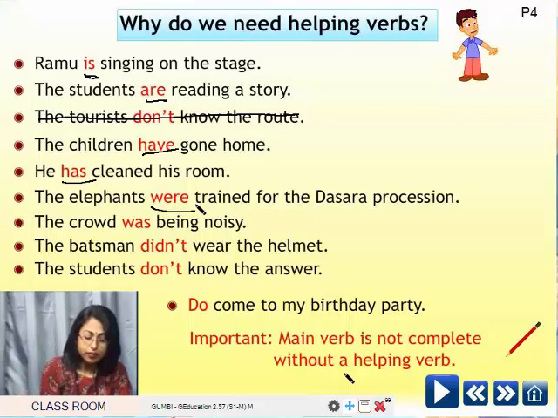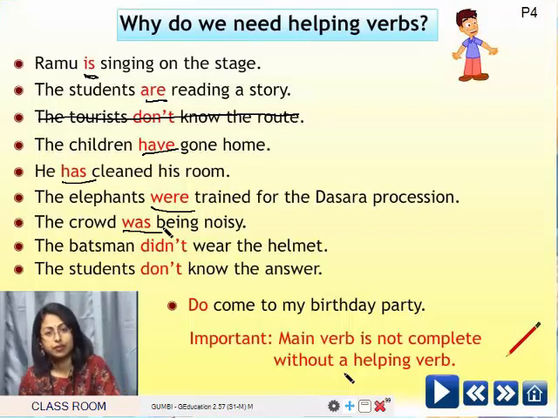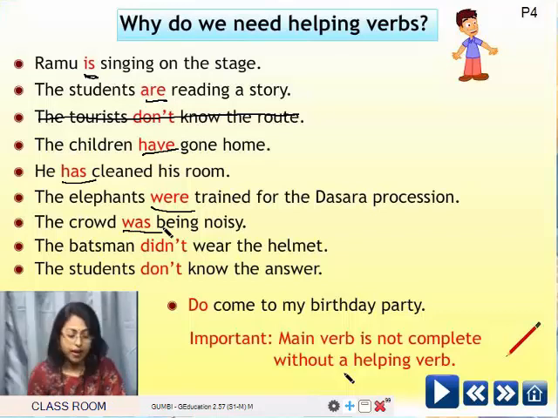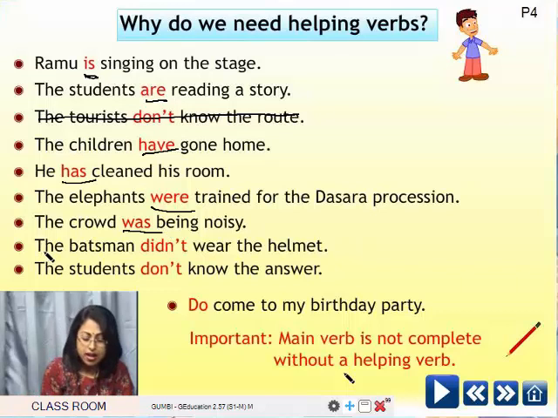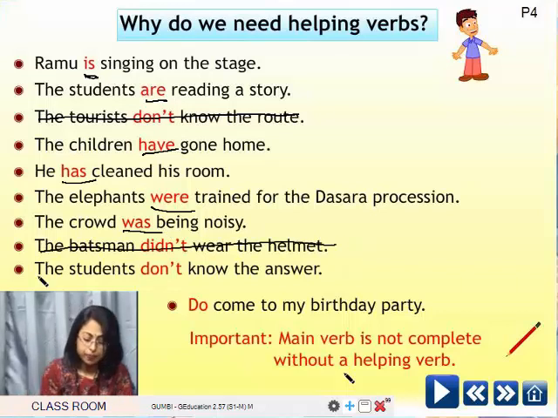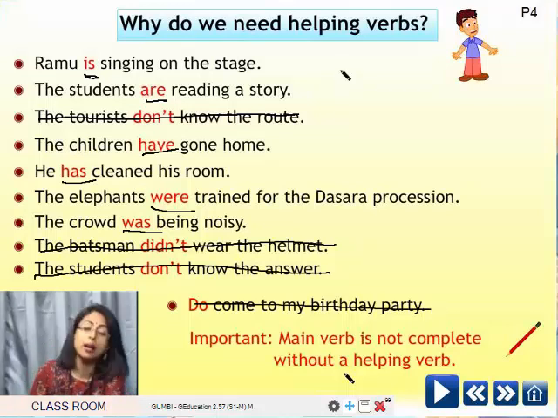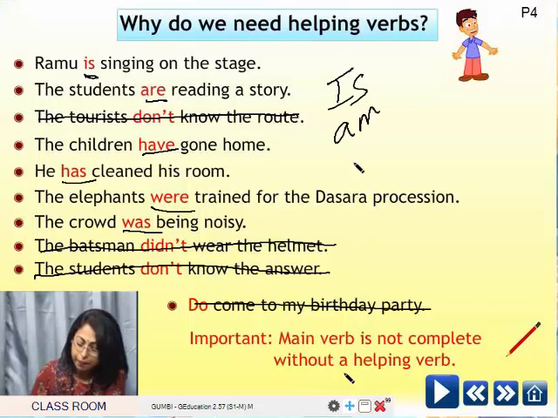Okay, students. The next sentence. The crowd was being noisy. Alright? Okay. The next sentence, I'm not going to do that. I'm going to do it in a later class. So I'm sure, students, today you understand the helping verbs are is, am, are.